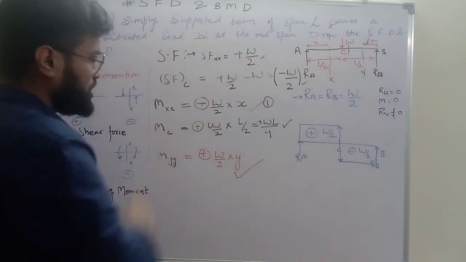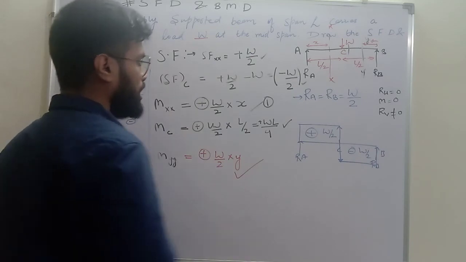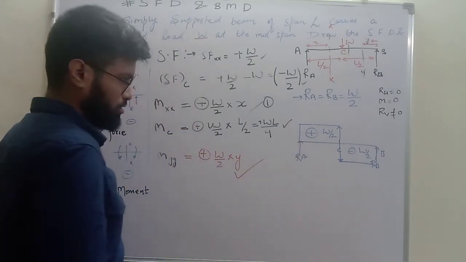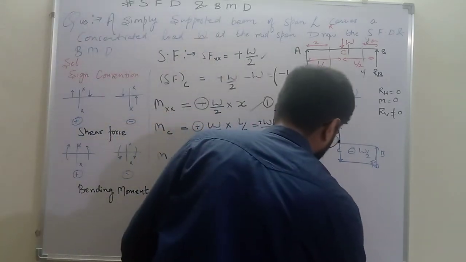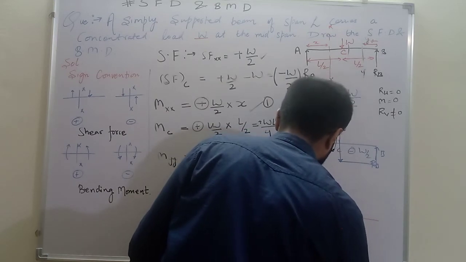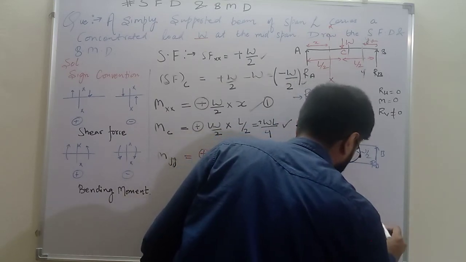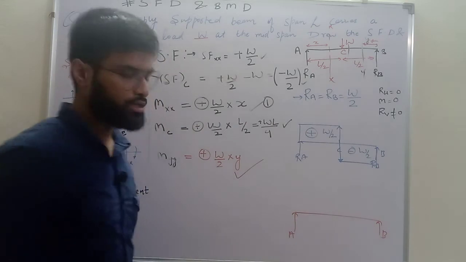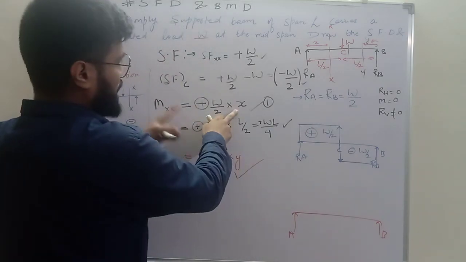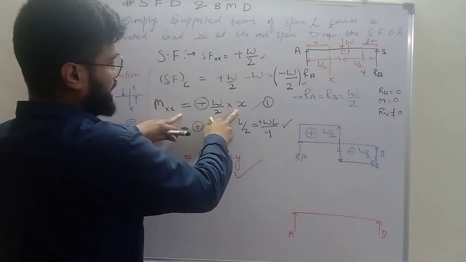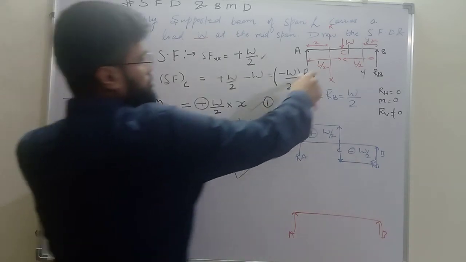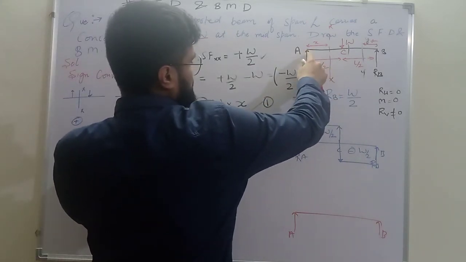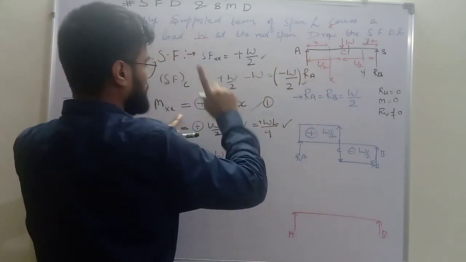So these are the three equations which we can use to draw the bending moment diagram for this problem. So we have a beam like this, supported at A, supported at B. Okay, now see, if x is equal to 0 in this equation, it means the section is here. x equal to 0 means moment is 0.